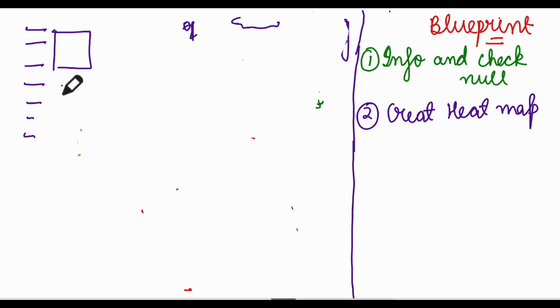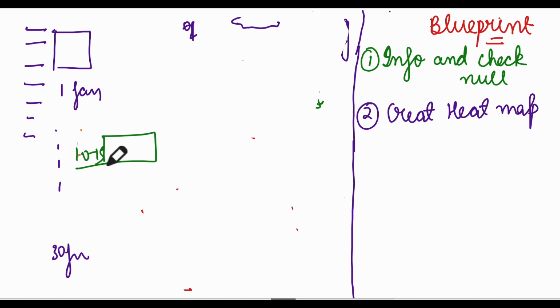For example, let's say you have data from 1 January to 30th January, and you see missing data is centered somewhere here. So what can you infer? That somewhere around 10 to 15 January we had missing data because our source could have been doing something wrong during that time, right?